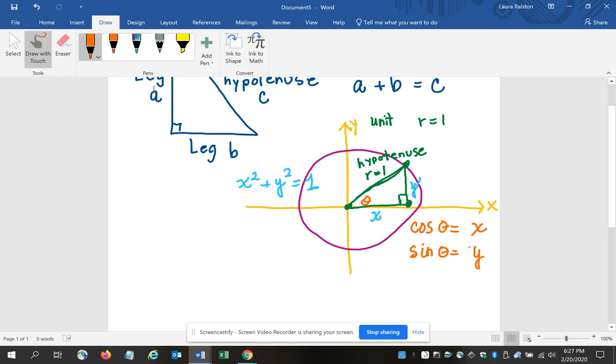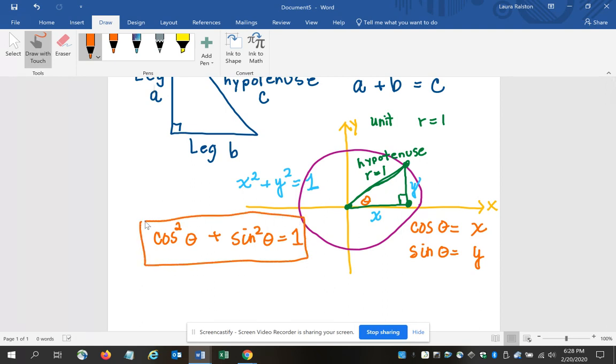So if I use that idea and do good old basic substitution, which is an algebra technique, into this formula for my circle, I have cosine squared of theta plus sine squared of theta equals 1, which is the very first Pythagorean identity. But it's all connected really back to a right triangle that has been superimposed onto the unit circle.